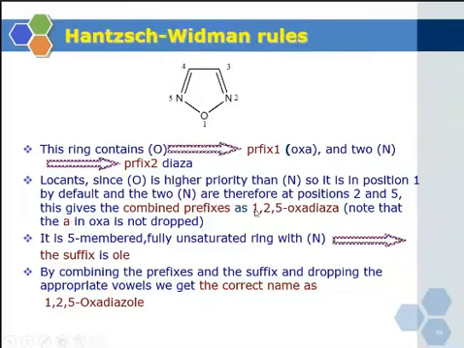So we will call it 1, 2, 5 oxadiaza. Here 1 represents the position of oxa, and 2 and 5 give the positions of the two nitrogen atoms.